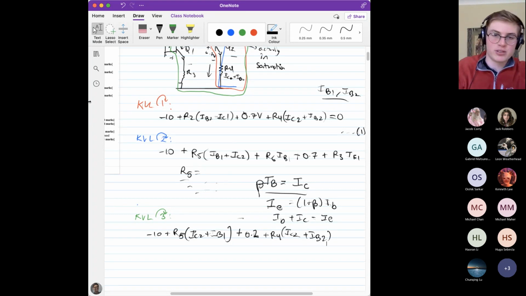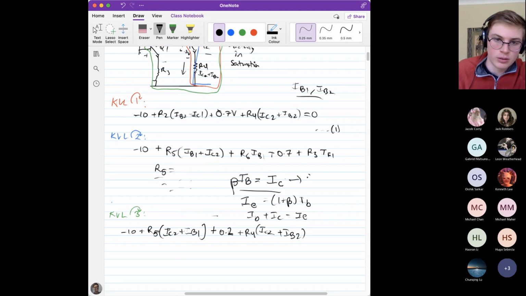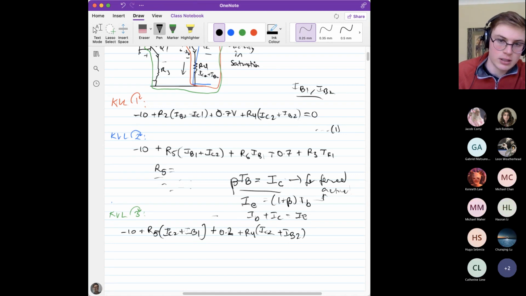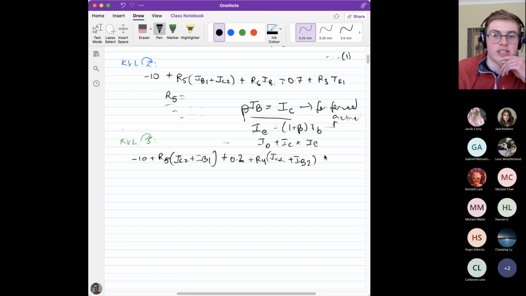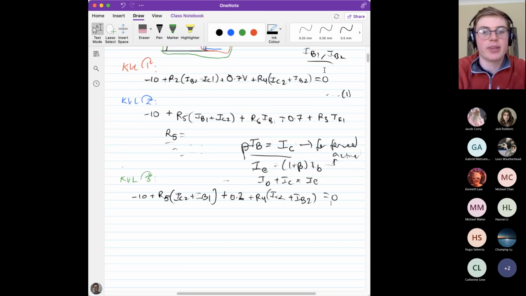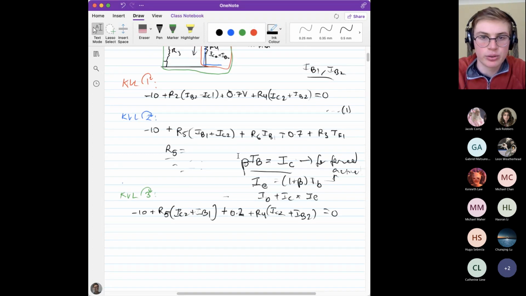This is only true for forward active. Same for this one. This one's true always. Well, actually, I don't know if it is. Possibly not. Anyway, so this is our third equation. I encourage you to have a crack at solving all three of those.